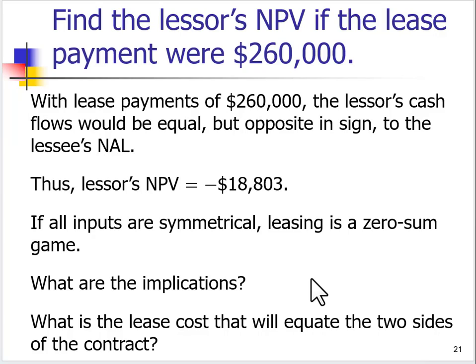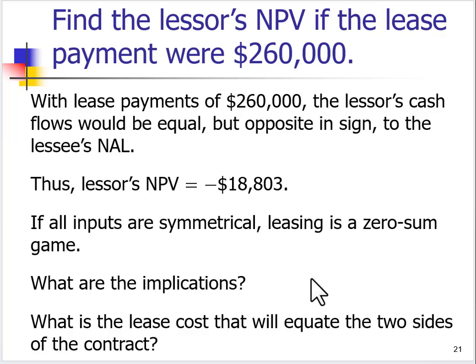So again, thinking back here, what was the lessor's net present value at 260? It's the negative $18,000. If all the inputs are symmetrical, the leasing idea is a zero-sum game. That is the net outcome.